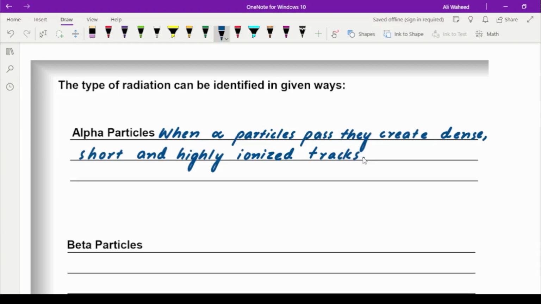Why do they create a short track? Because they don't have much range. They have less penetrating power. They have high ionization ability, but at the same time, they have less penetrating power. And why do they create a highly ionized track? Once again, because they are dense, they have more mass, they have more charge, they are positively charged.